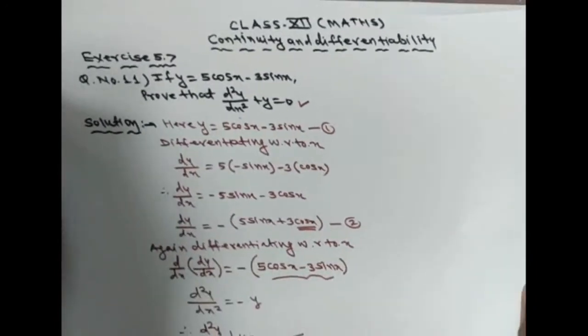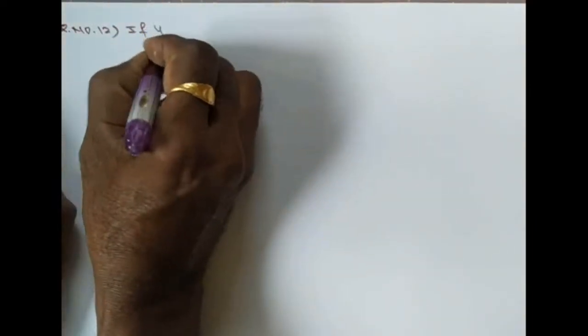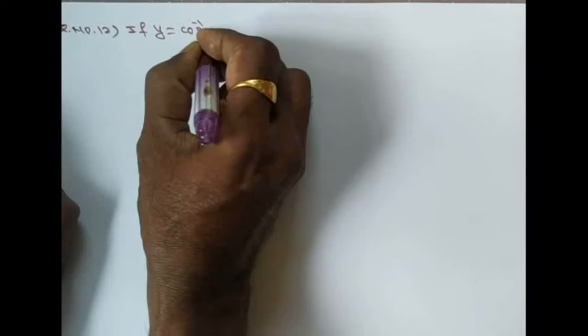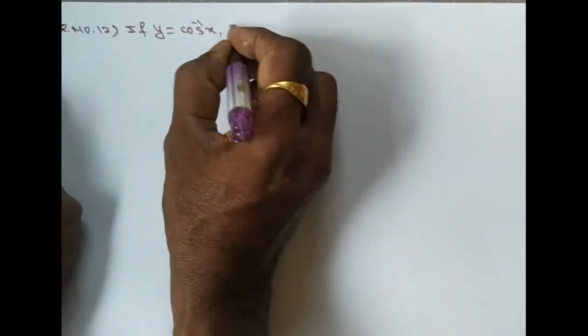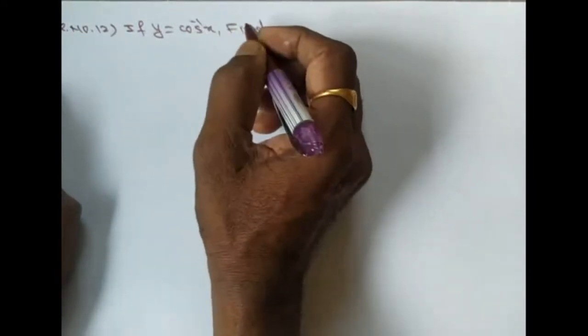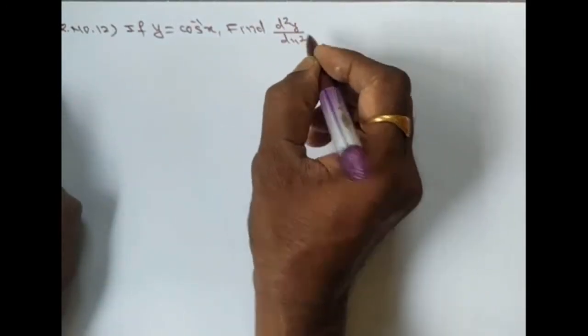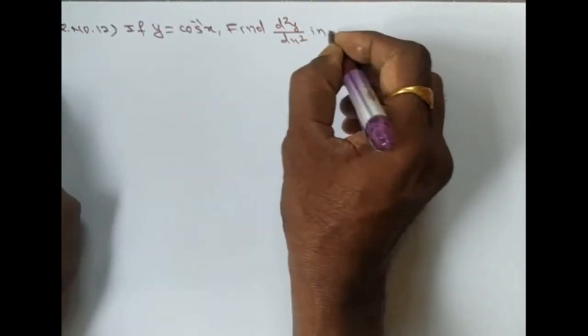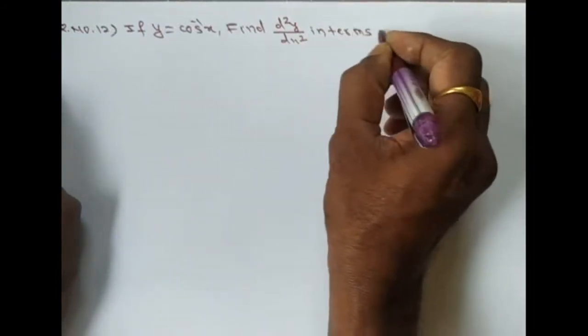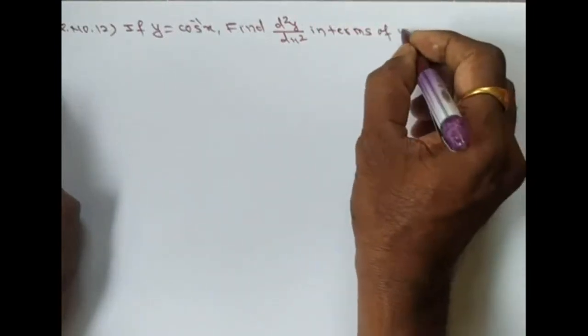Okay, now take the next question. Question number 12. What is question number 12? If y equals cos inverse x, find d square y by dx square in terms of y alone.